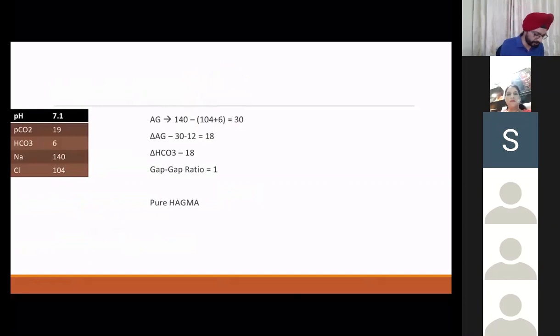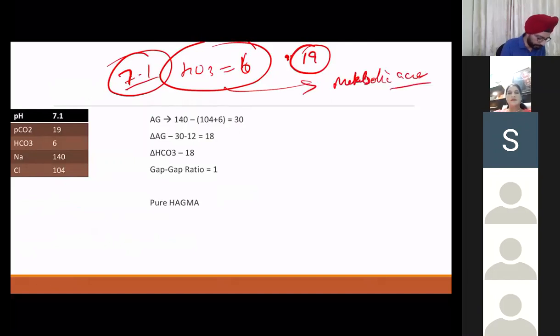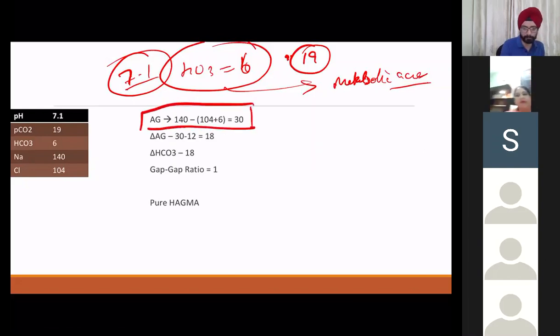Okay, so the pH is 7.1, bicarbonate is 6, and PCO2 is 19. Obviously, this is a metabolic acidosis, right? Now let's look at the anion gap. Anion gap is calculated as sodium minus chloride plus bicarbonate, which comes out to be 30 in this case, correct?